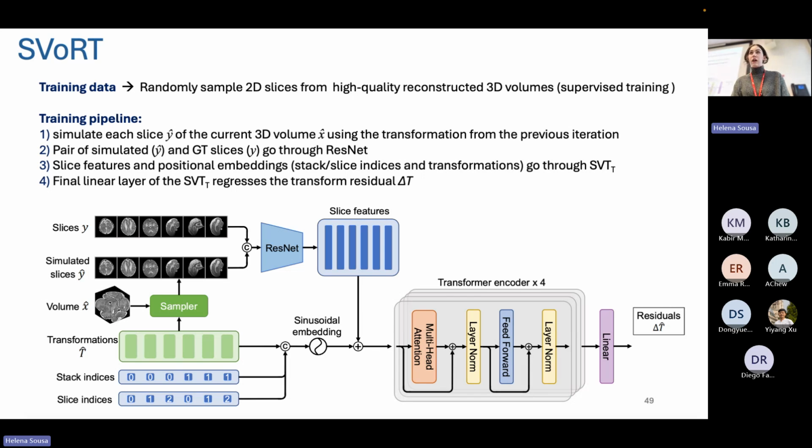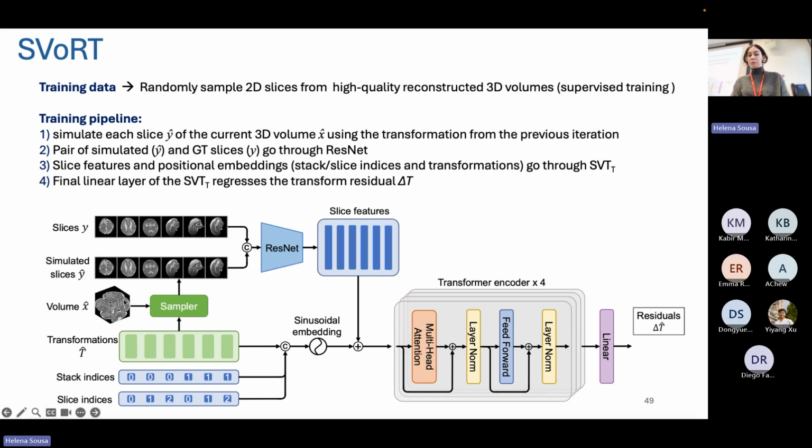And so this way we have our ground truth slices, so each slice y, which we compare with our simulated slices y hat from the current 3D volume x hat. This is done by using the transformation from our previous iteration. In the case where this is our first iteration, they just initialize it with the identity.